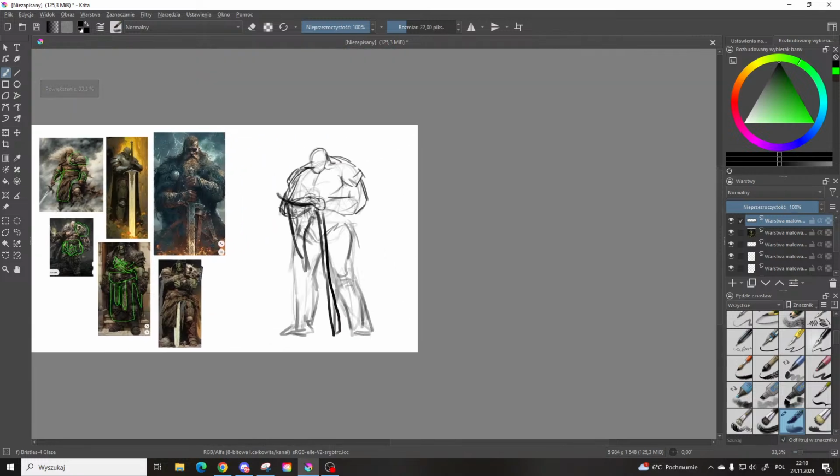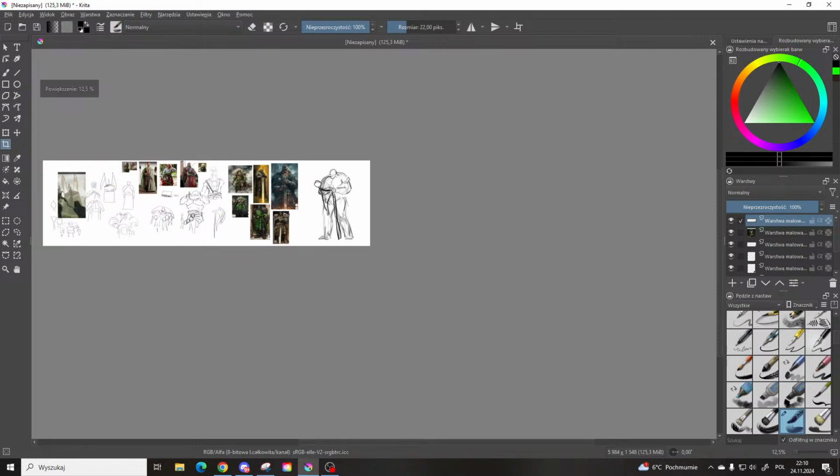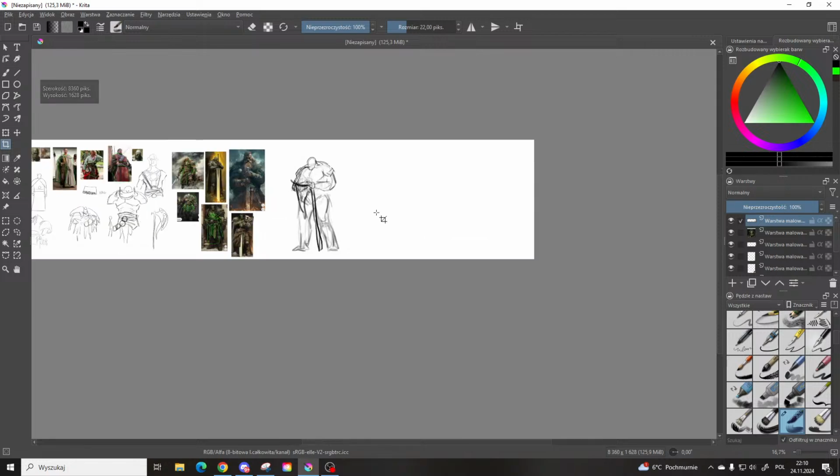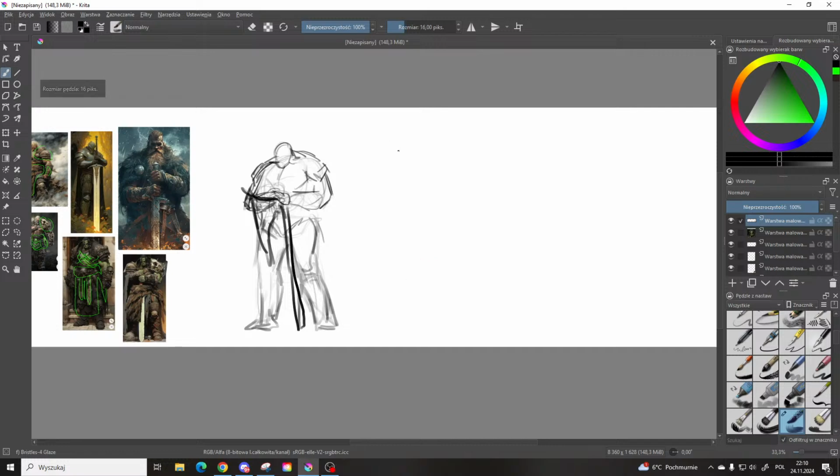Okay, do I like it? I don't know. I'm gonna make iterations. Hmm, I'm not sure.